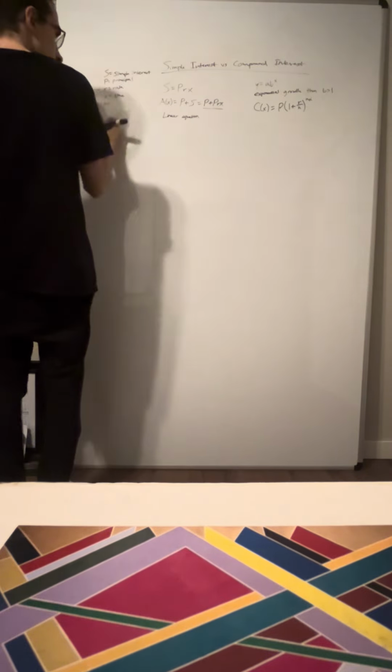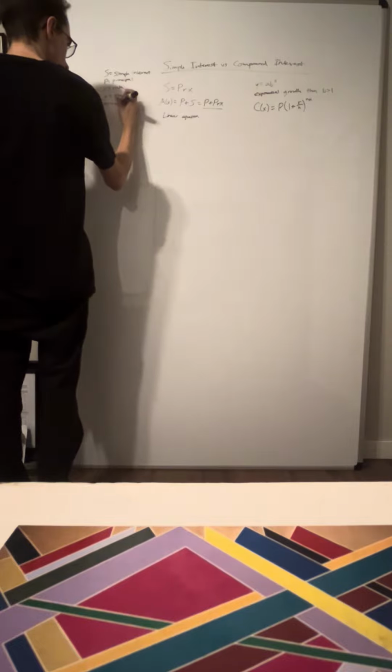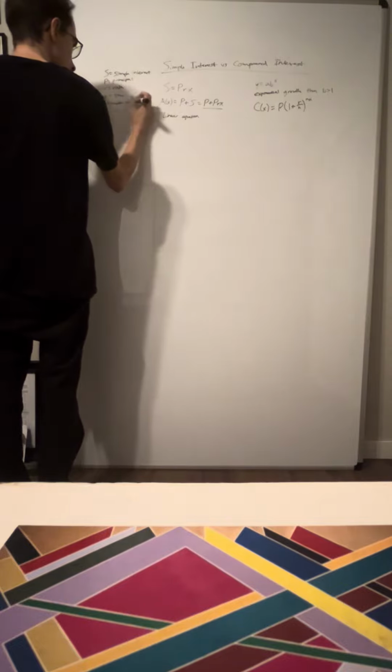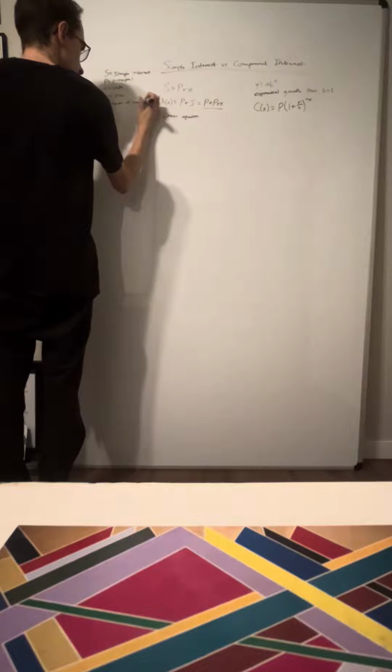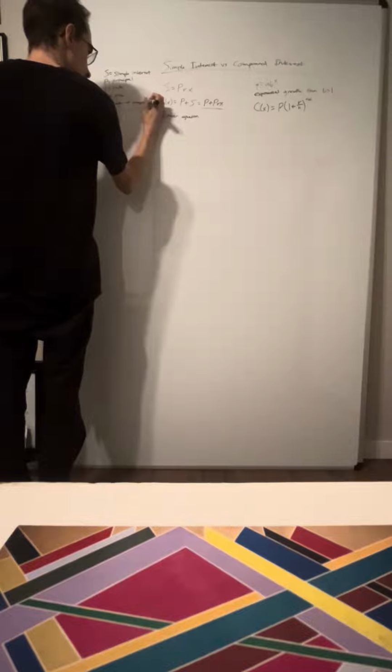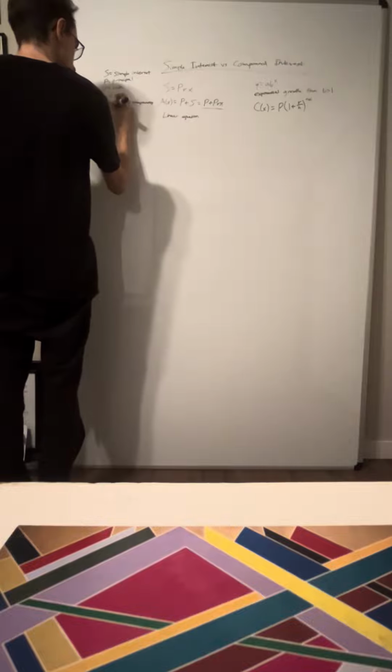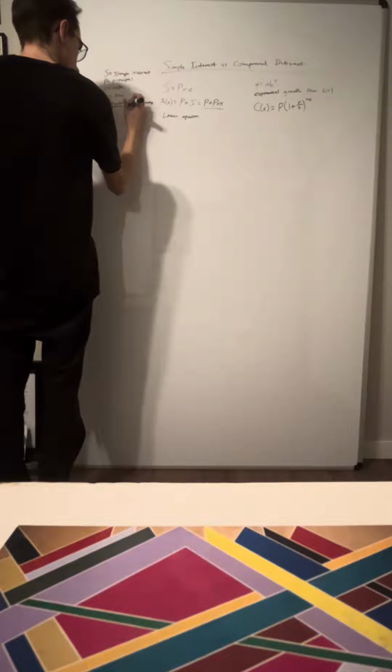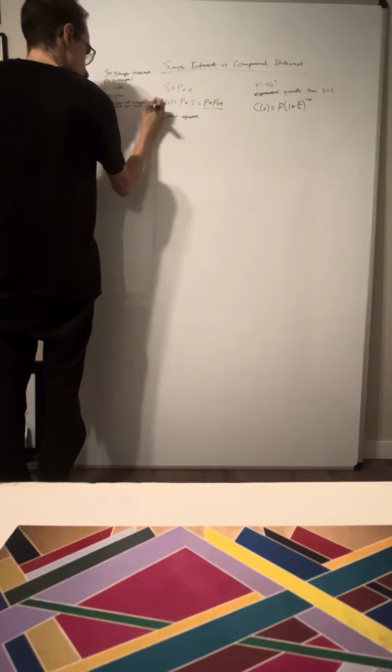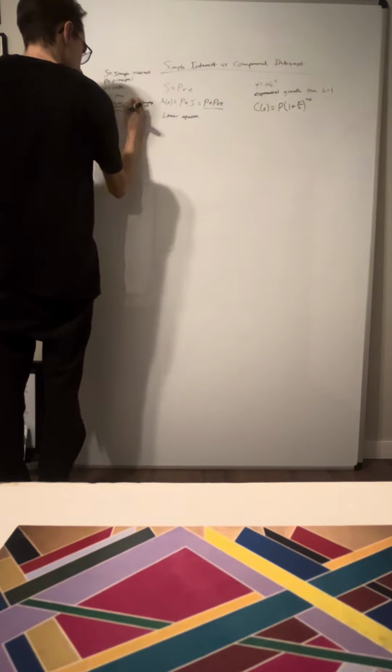So N would be number of compounding periods per unit of time X.